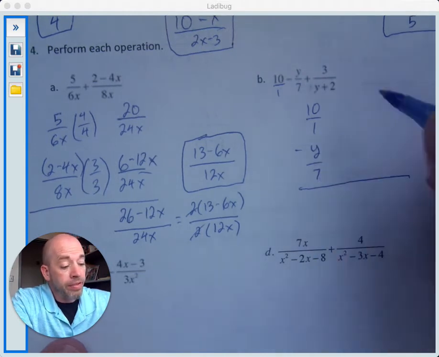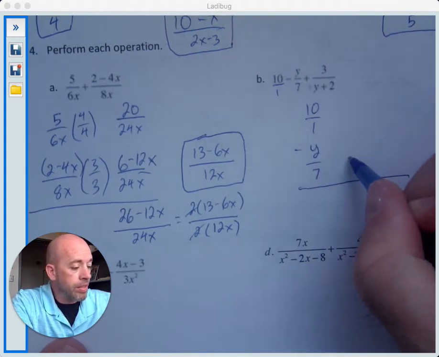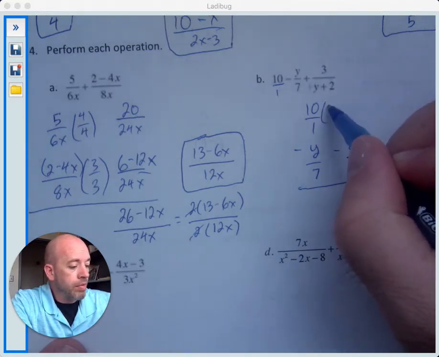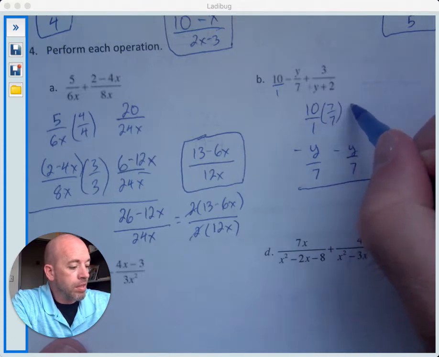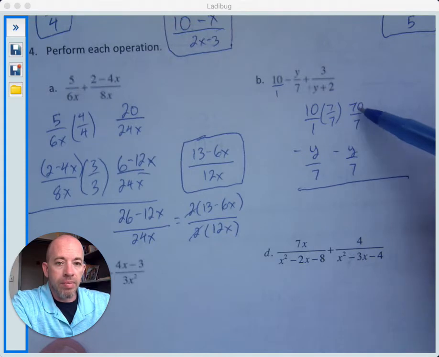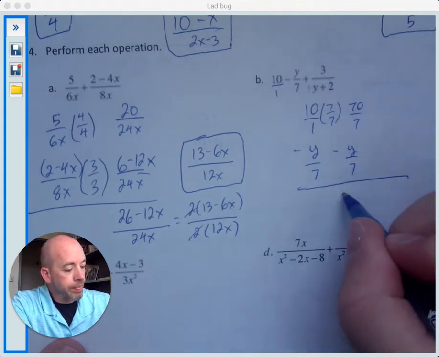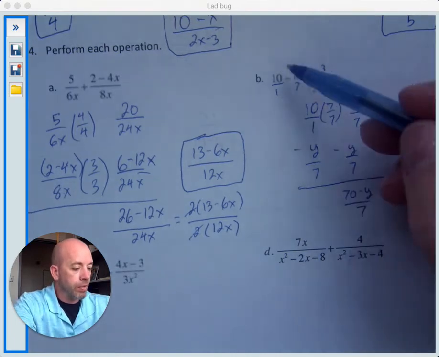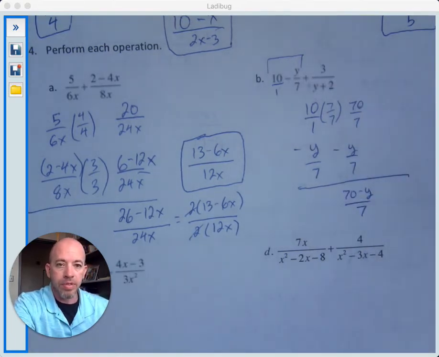So common denominator is 7. This one's already a 7, right? Subtracting, and this we can multiply by 7 over 7, which gives us 70 over 7. So then we'd have 70 minus y over 7.